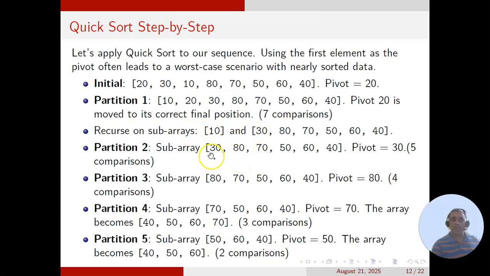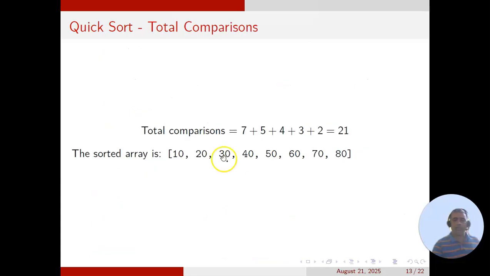Then we pick 30 as the pivot, and it divides into an empty left side, because no element less than 30 is there, and the right side has 80, 70, 50, 60, 40. If you follow this process, we get the number of comparisons as 21.